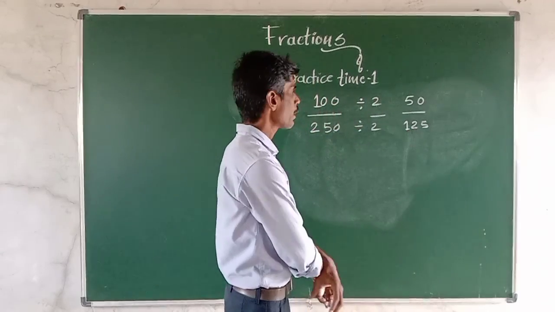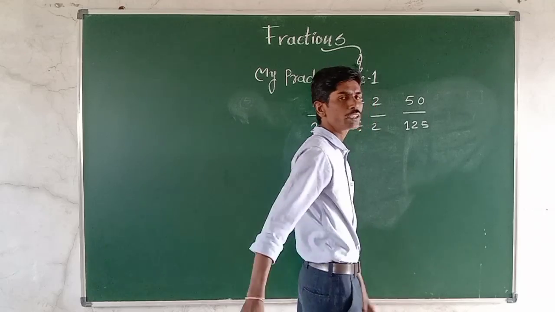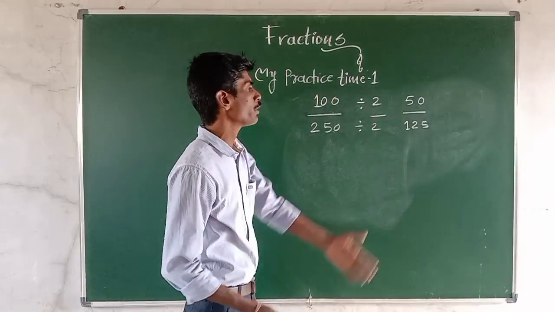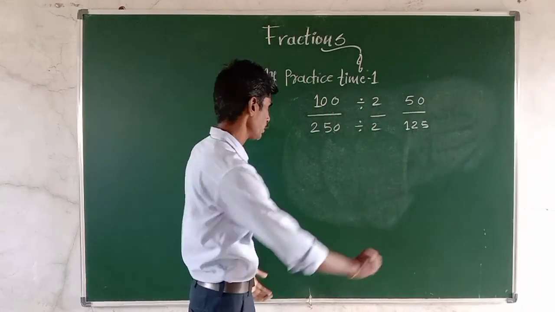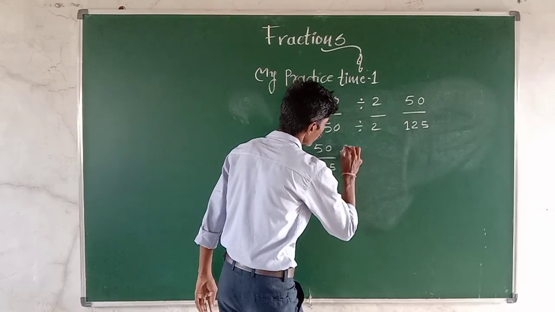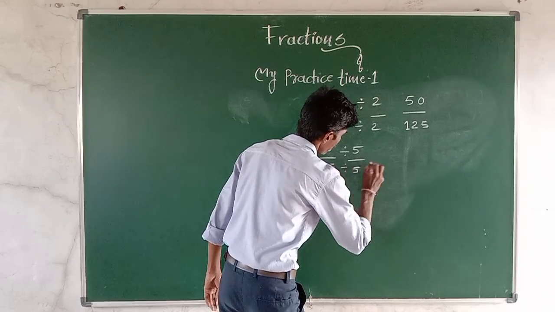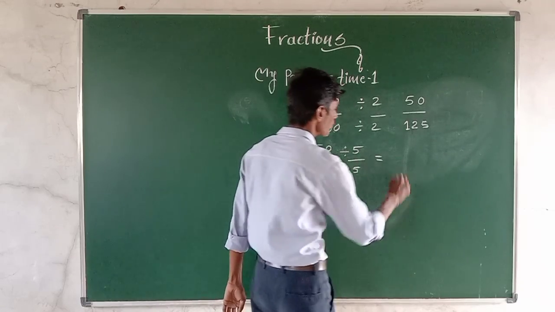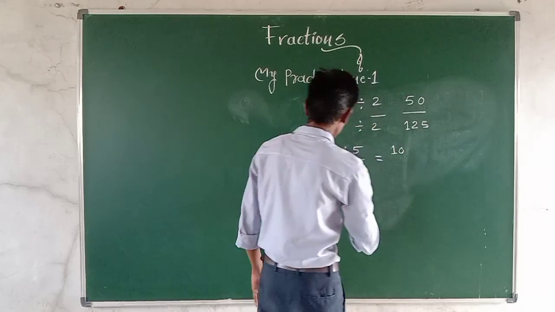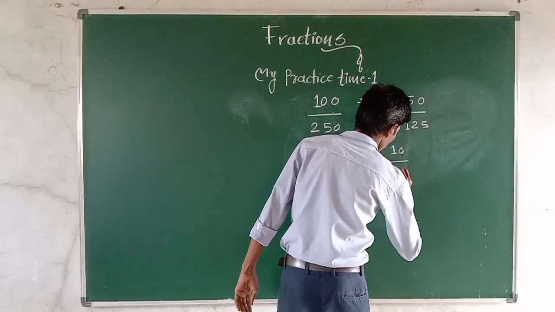Now 50 ends in 0 and 125 ends in 5, so we can divide both by 5. 50 divided by 5 is 10, and 125 divided by 5 is 25.